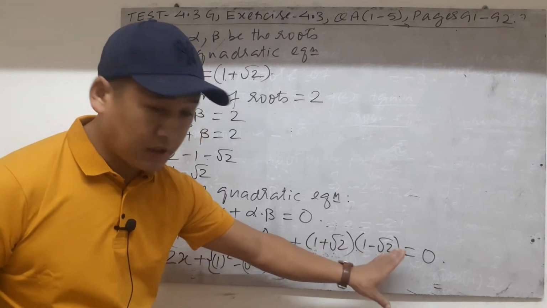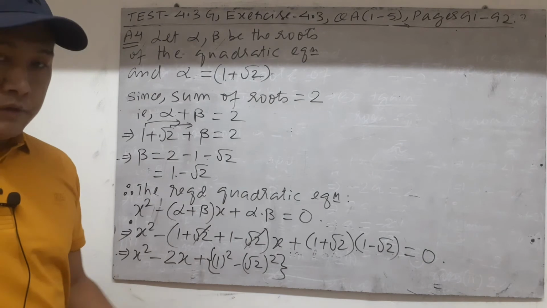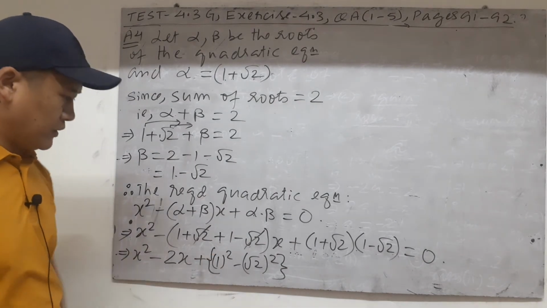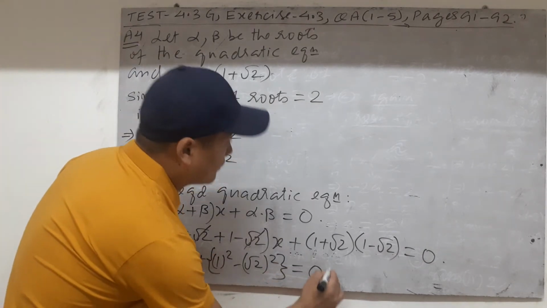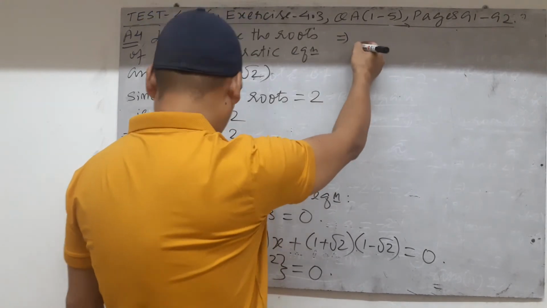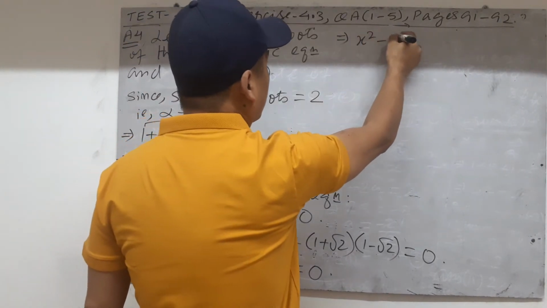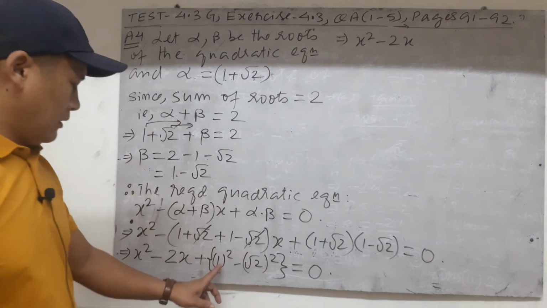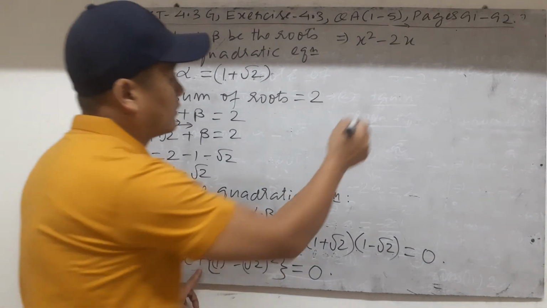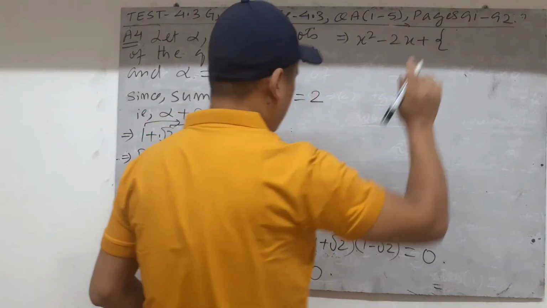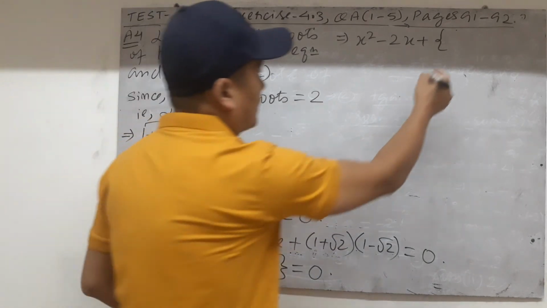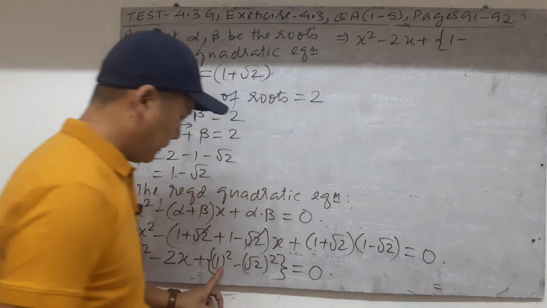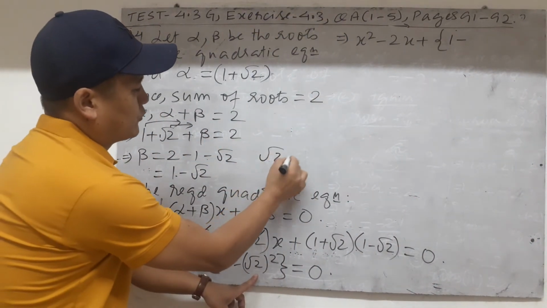A plus b into a minus b formula. We know, right, that the very common formula is a squared minus b squared is equal to 0. So that gives you x squared minus 2x. As you can see, plus, just right there, and second bracket, just keep it for once. 1 ones are 1, minus root 2 square means root 2 into root 2.